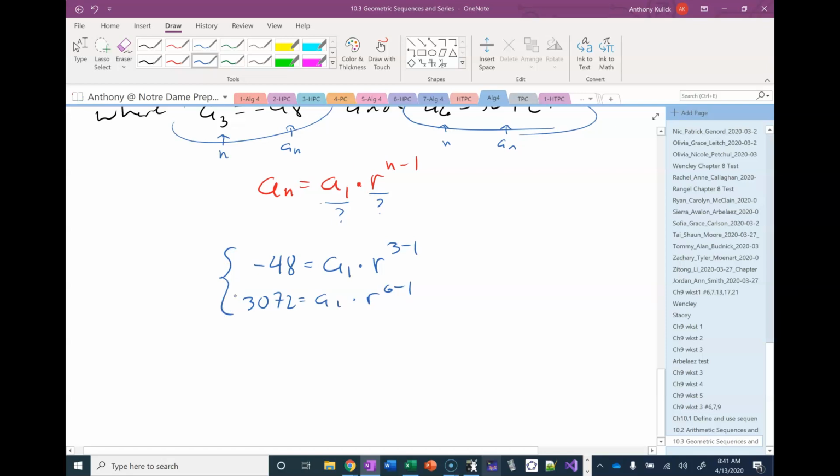Now we're going to solve this system by using elimination. However, you'll notice in this problem it's a little bit different than the kinds of problems we solve for in first semester, because the two variables we have in this situation, instead of being added together, are being multiplied together.